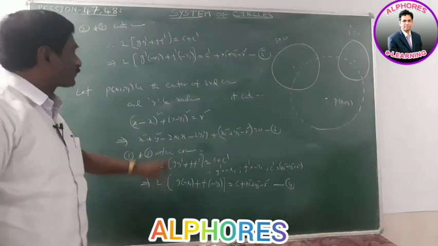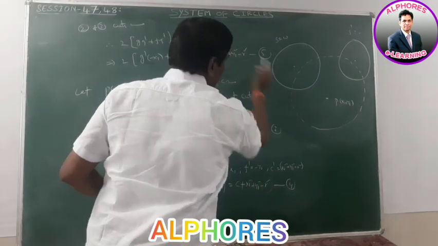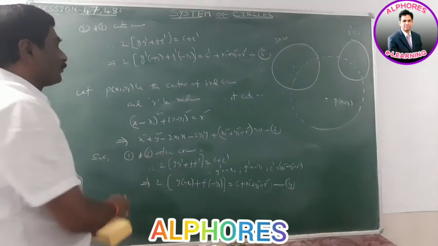By subtracting equations 4 and 5, we eliminate the value of r. r is the radius, it is the variable. By eliminating r, we get the locus in x1, y1.